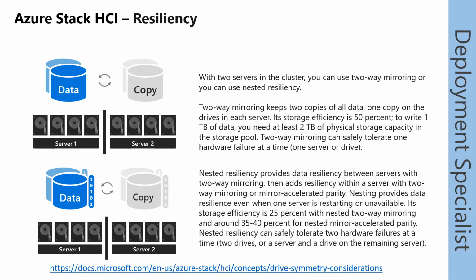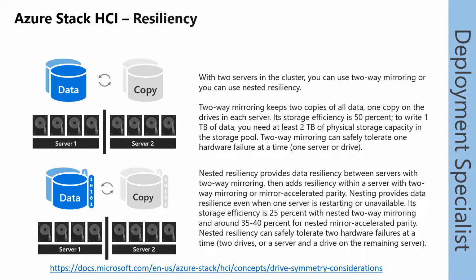And we have the nested resiliency. The nested resiliency is great because in the two-server Azure Stack HCI cluster configuration, we have the situation that if one server fails, we maybe also want to survive if a hard disk fails in the other server.